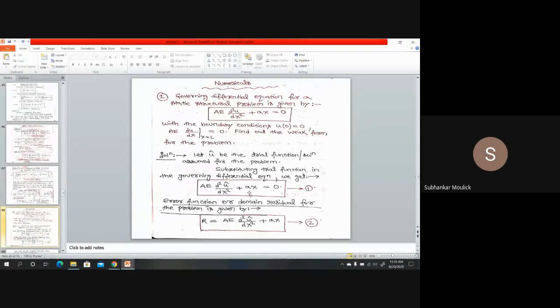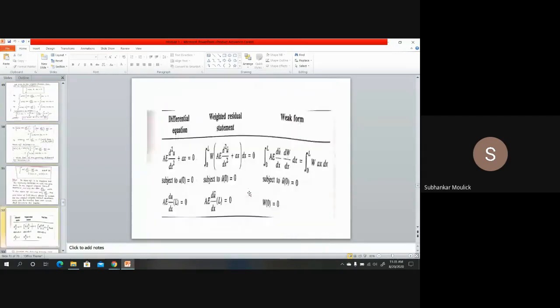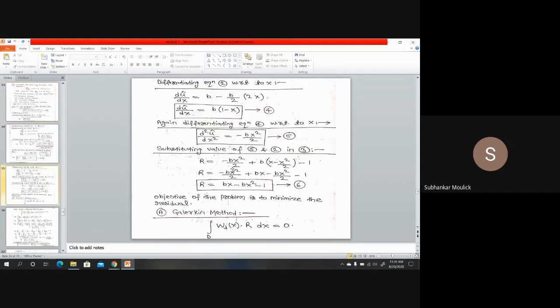This problem we have seen in the last class, and then we have started the second problem. If I recall, we have done till the calculation of domain residual, that is equation number 6.